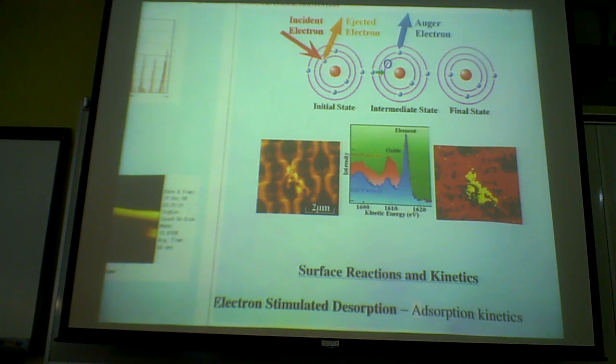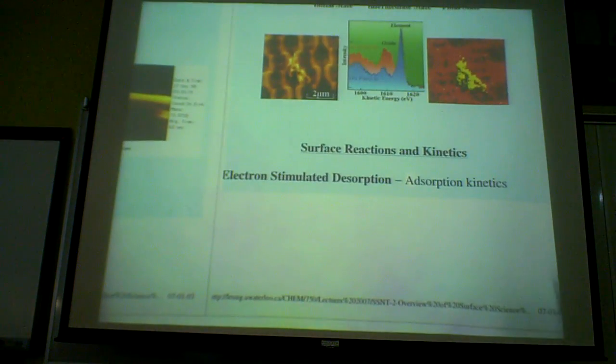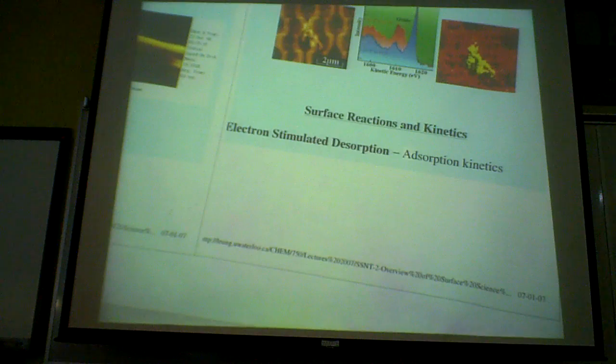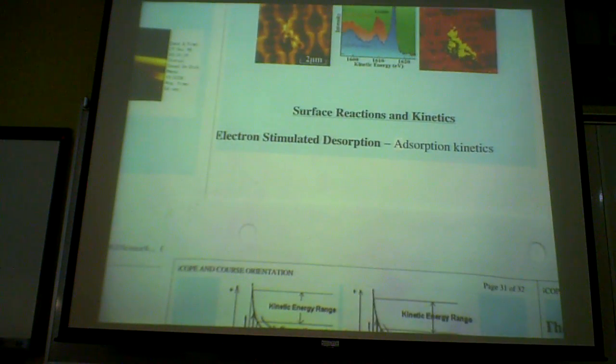That's all. And finally, the other topic that we are planning to talk about is, of course, chemistry. So there are surface reactions and kinetics, and we have a lot of stimulated desorption techniques. We have desorption of material after electron absorption, stimulated by electron, or you can stimulate it by a photon.